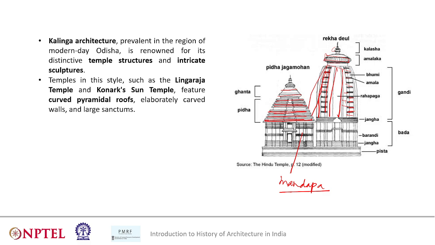For example, the Shikhara that we were referring to, the central spire, the tallest tower which is covering the Garbhagriha, is referred to as Rekha Deul in Kalinga architecture. And the Mandapa that we are talking about is referred to as Jagmohan. So it's the Rekha Deul and the Jagmohan that are there in Kalinga temple architecture.